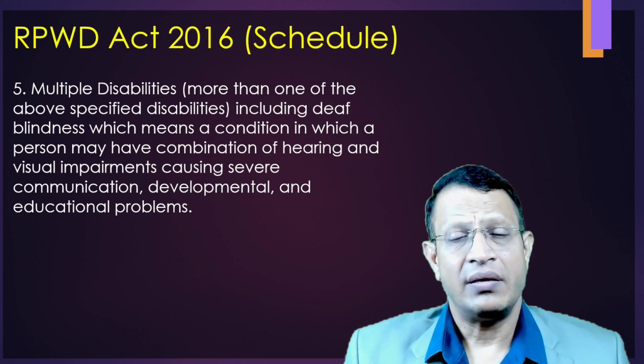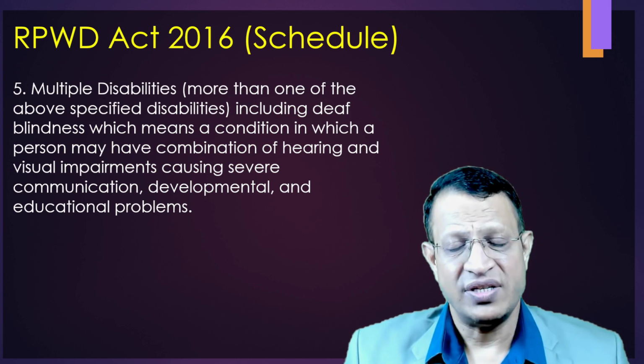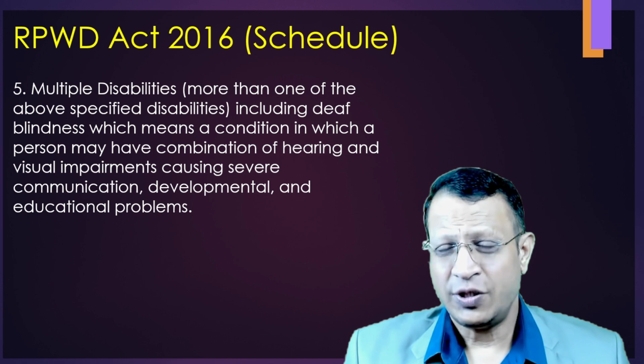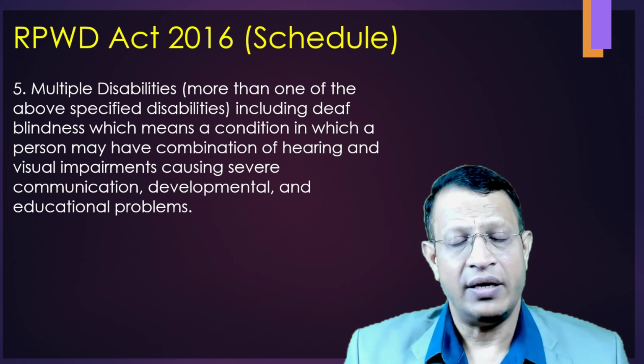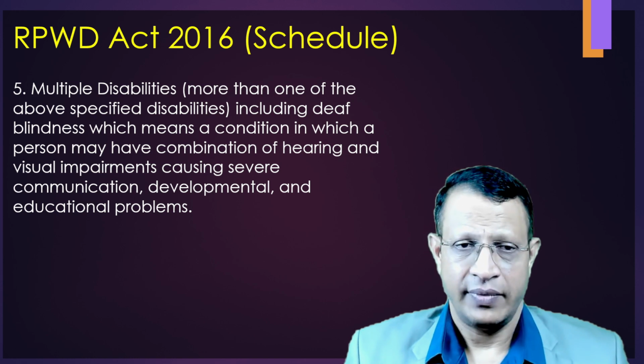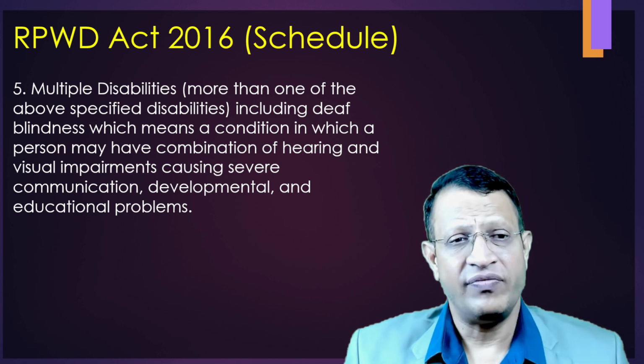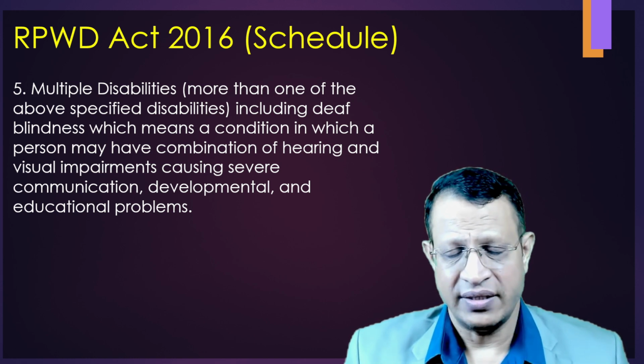If you look at the Right to Persons with Disability Act 2016, the last page is the schedule. Here in the schedule, they have defined what is multiple disabilities. It says more than one of the above specified disabilities.